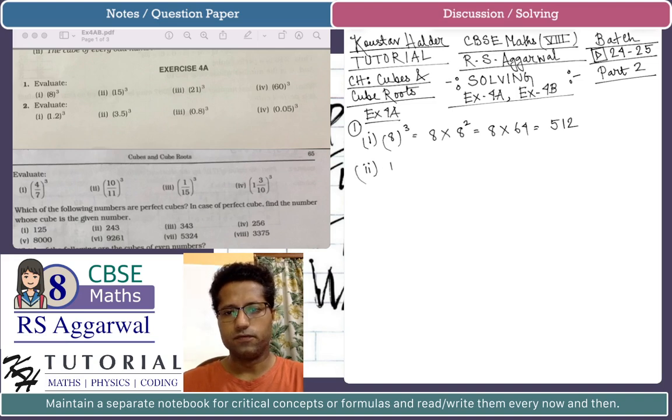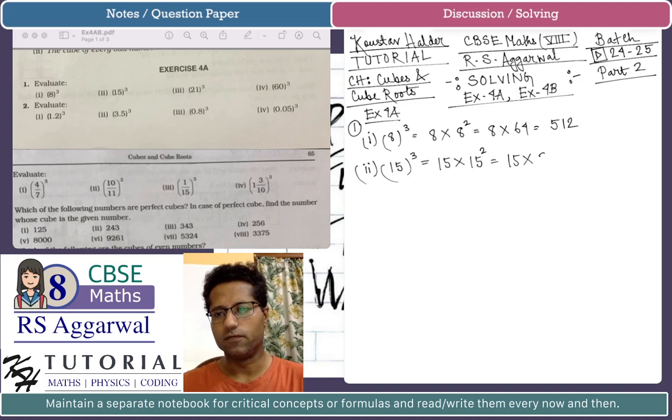Part 2 is 15 cube. 15 cube is equal to 15 multiplied by 15 square. 15 square is 225. And now you can do this by the normal multiplication method.